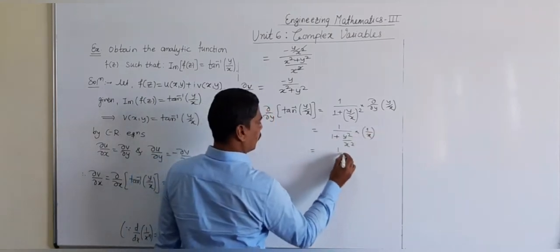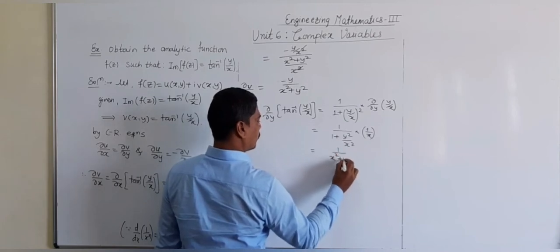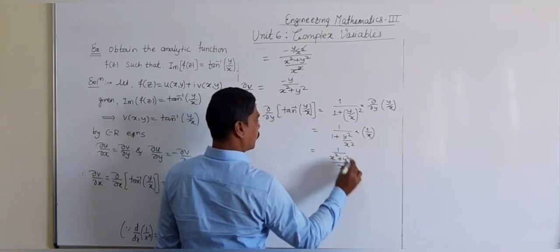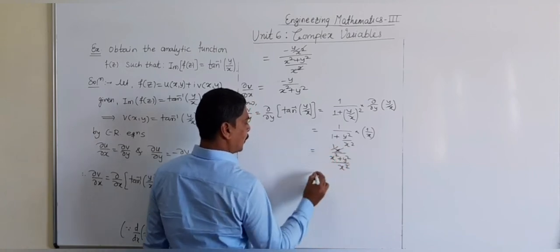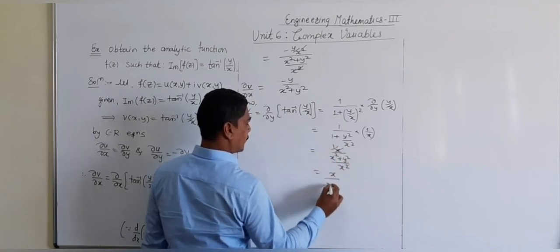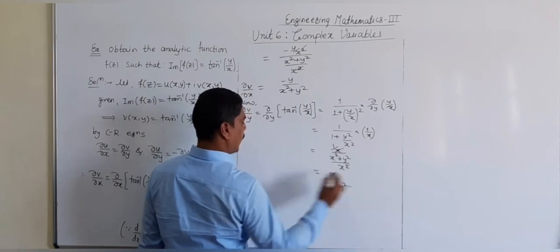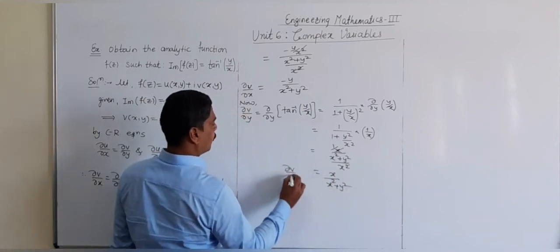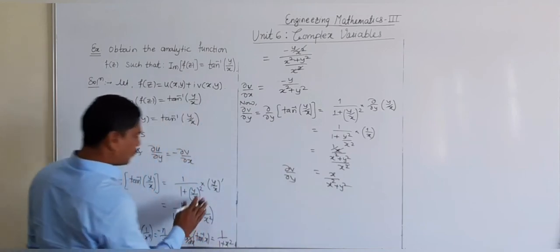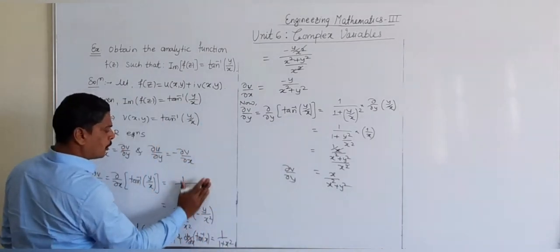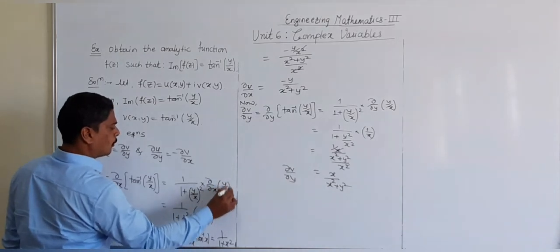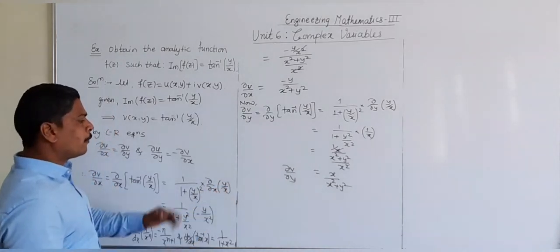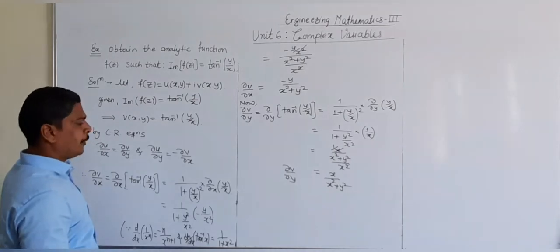So we get 1 upon x square plus y square upon x square. Or I will write this as 1 upon x. So the x will get cancelled and the remaining function becomes x upon x square plus y square. So this is the partial derivative of phi with respect to y. Here also I will write, instead of dash, the partial derivative with respect to x of y upon x. Okay. So in that way we get the partial derivatives of u and phi.